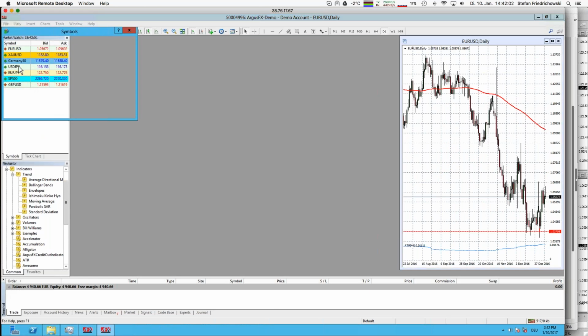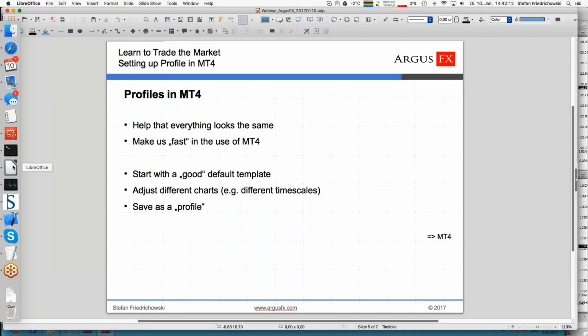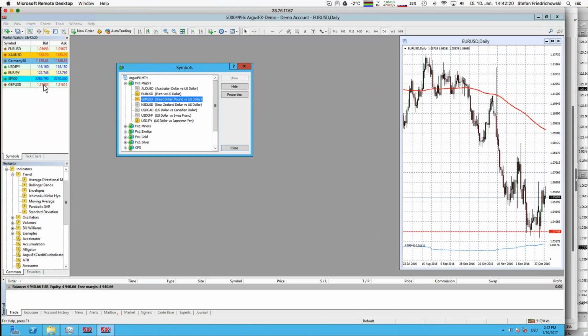So we have already Euro, US dollar, that's good, and we have British pound against US dollar. That was one of our choices as well. Let me quickly go back here to the list: Euro, US dollar, Euro, Japanese yen, and the other 2. So this one is already in, this one is in, so everything is already like we intend to do.